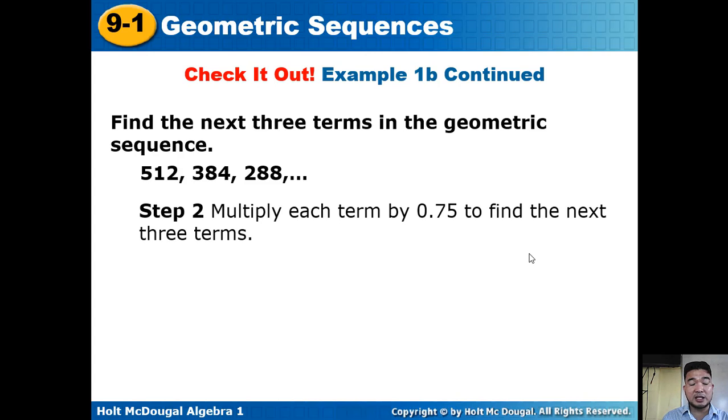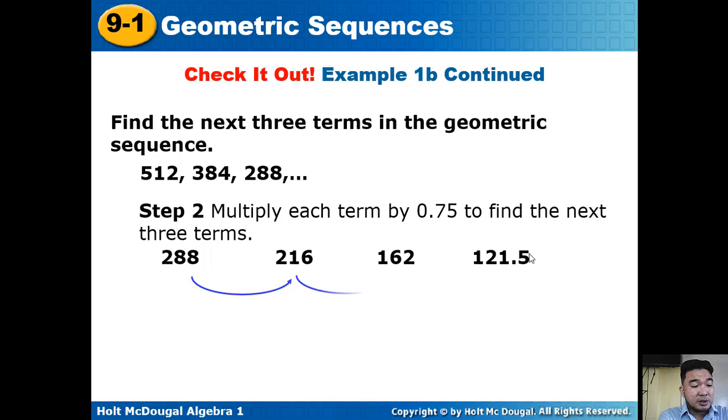Multiply 288 by 0.75. If we multiply it, you will have these terms. 288 times 0.75 is equal to 216. Then 216 times 0.75 is equal to 162.